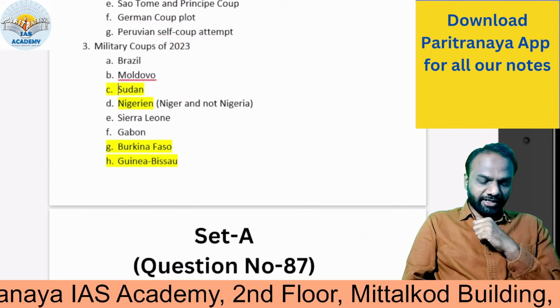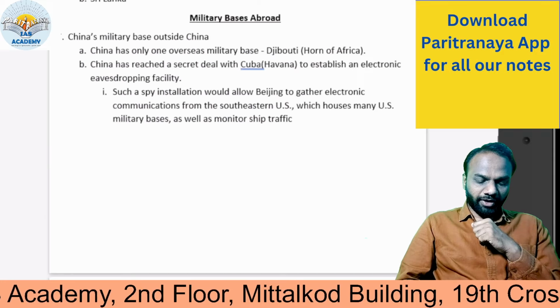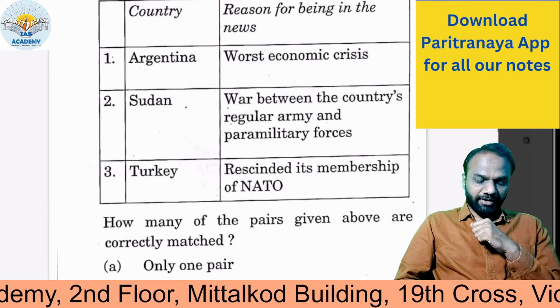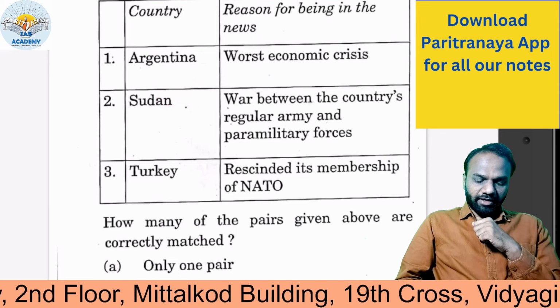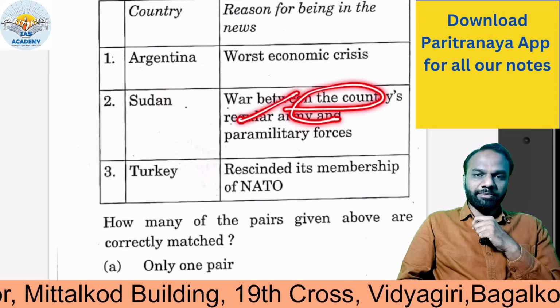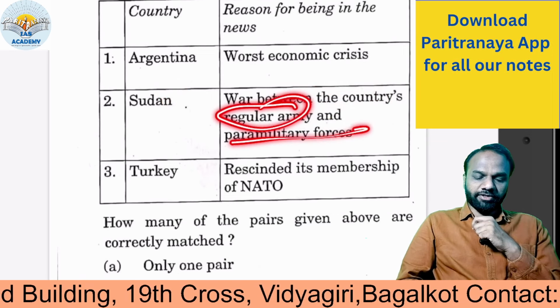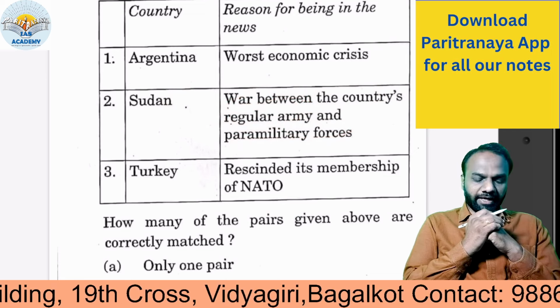If you look at this list, here we have Sudan. So we conclude that the second statement is right: Sudan witnessed a military coup, a fight between the regular army and paramilitary forces. So the second one is also right.